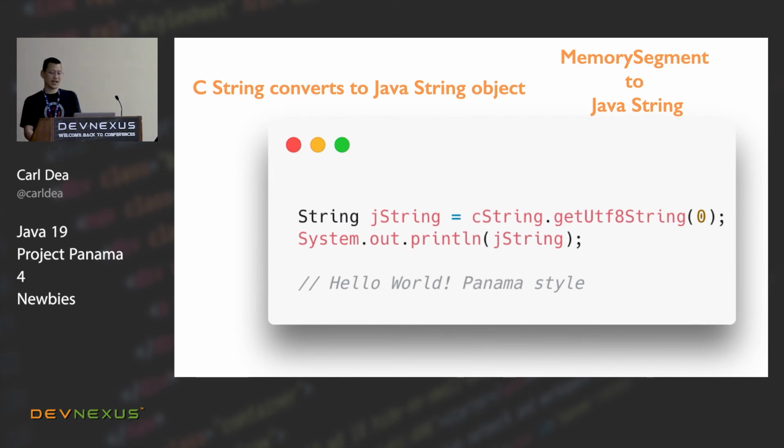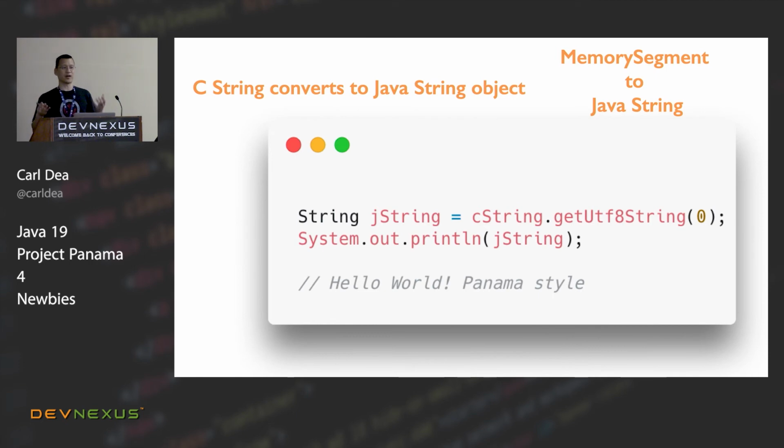But because you're calling this getUtf8String, it kind of knows where to stop, but you just put 0 because later you can grab something like an int, which is 32 bits. And if you're on a different operating system, jextract will create these other data types for you that map to the actual native operating system's architecture.